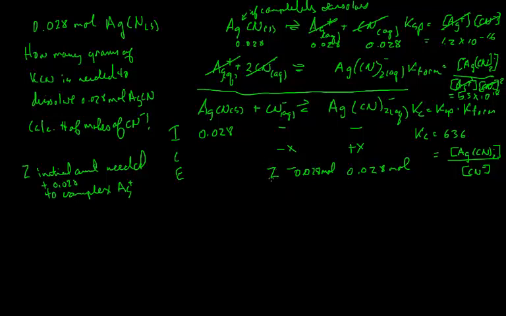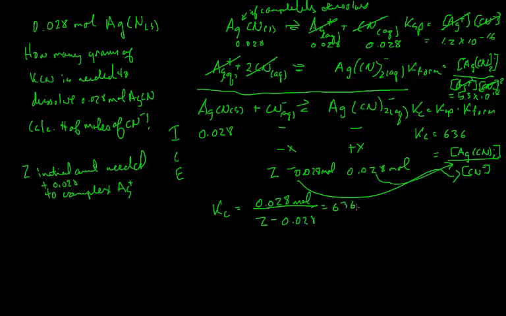So that ends up being Z minus 0.028. Okay, and we would take this value of silver cyanide complex and incorporate it over here. So our Kc in this case is going to be 0.028 moles divided by Z minus 0.028 equals 636.